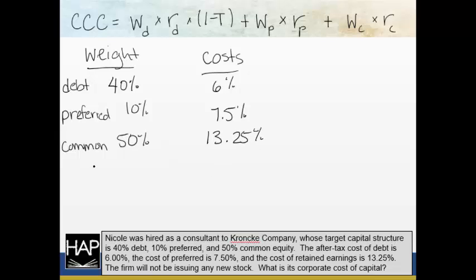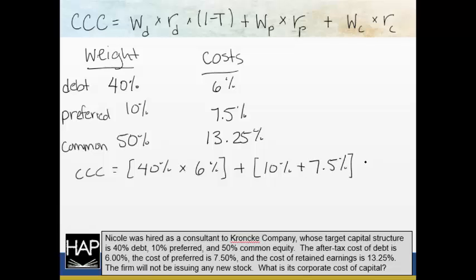Now I can enter all of these figures in the formula. So I see that the corporate cost of capital is equal to the weight of debt of 40%, multiplied by the rate, or the cost of debt, which is 6%, plus the weight of the preferred, which is 10%, multiplied by its rate of 7.5%, and add in again the weight of the common is 50%, multiplied by its rate of 13.25%.